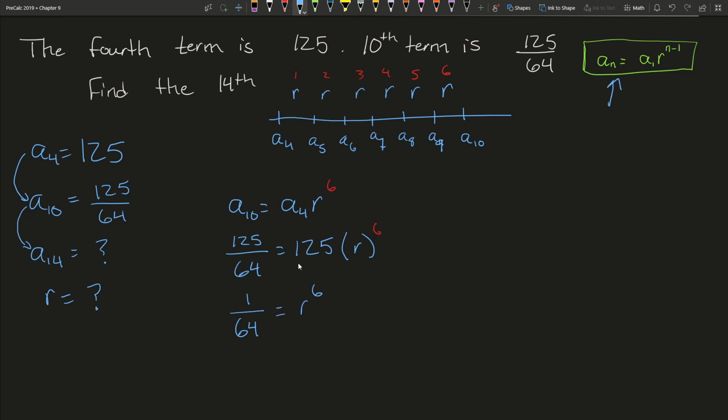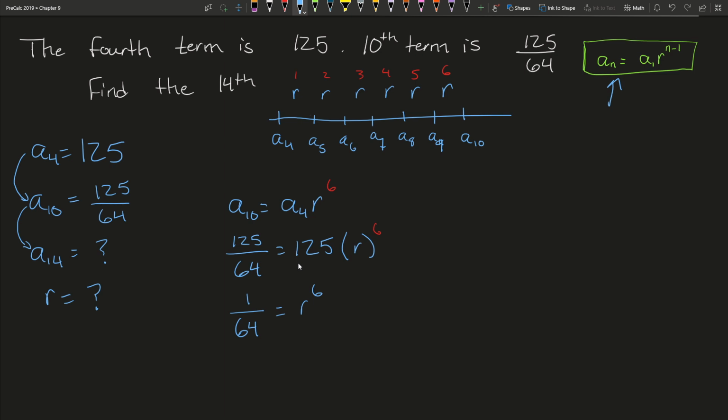And then there are a couple different ways that we can solve for this. So you can either take the 6th root of both sides. You can take the log base 6 of both sides. Or if you just know your powers of 2 really well, you can get it that way.